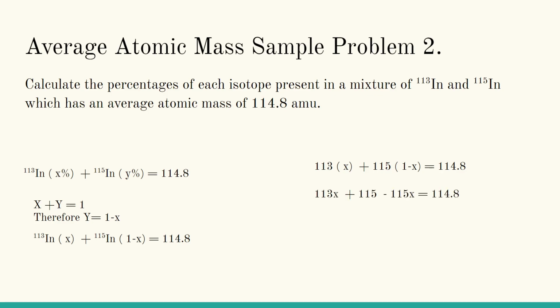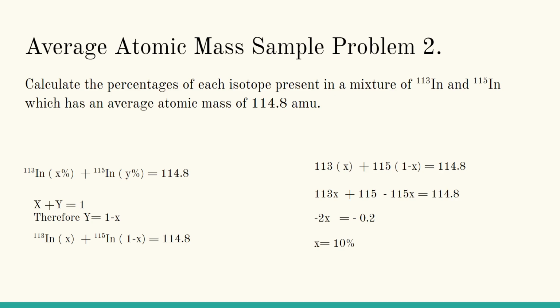We'll end up getting 113X plus 115 minus 115X, and that all equals 114.8. When we go ahead and solve for like terms, we'll end up getting negative 2x equals negative 0.2. Solving for x gives us 10%.